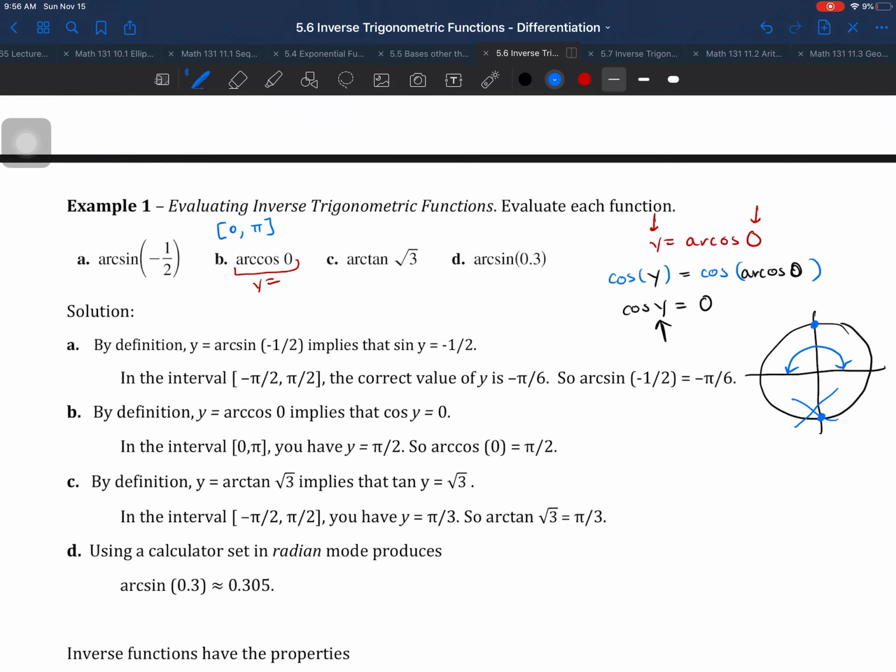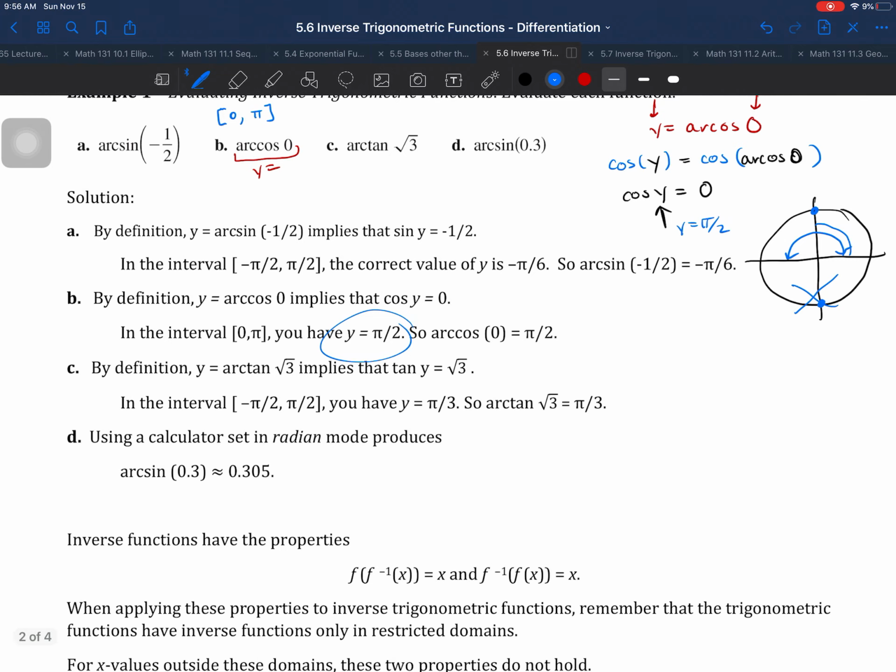That means the only value that gives us cosine of 0 will be this angle, which is pi over 2. So y equals pi over 2. There you go.